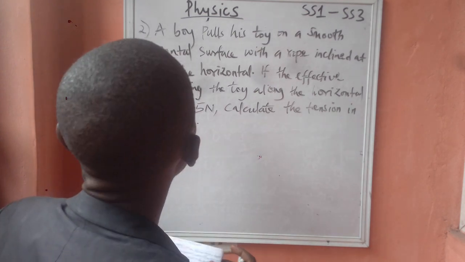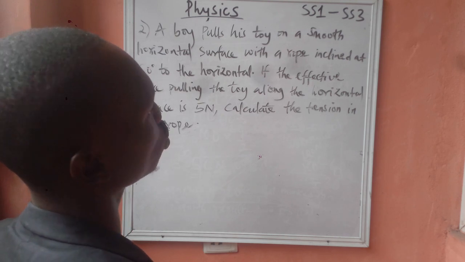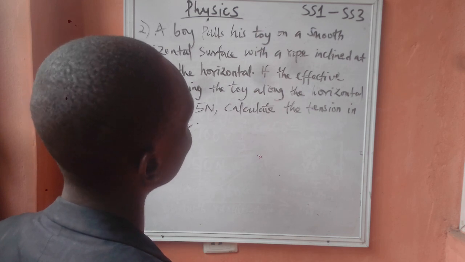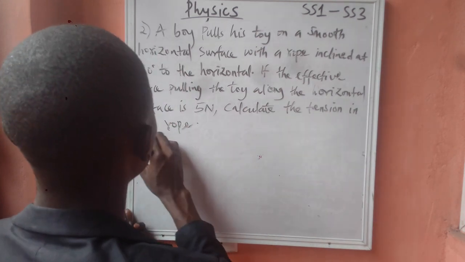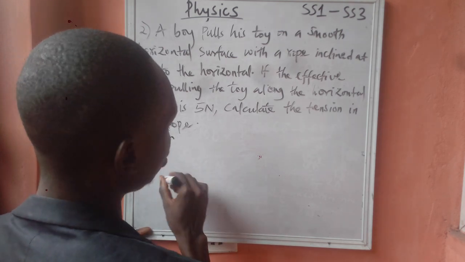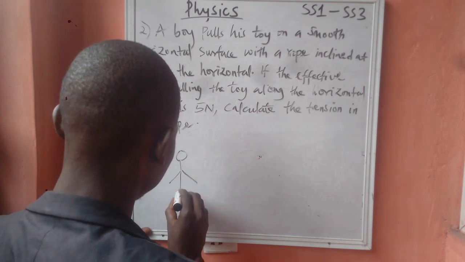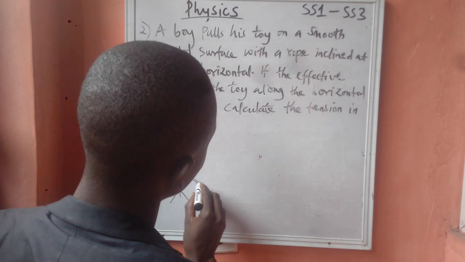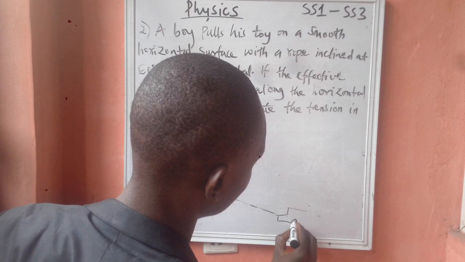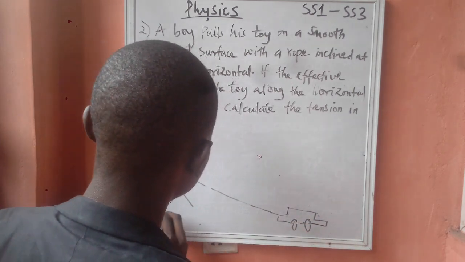Alright, let's look at this question. They say the boy pulls his toy on a smooth horizontal surface with a rope inclined at 60 degrees to the horizontal. So if we assume this to be the boy, then this is the rope attached to his toy, and this is the horizontal level.